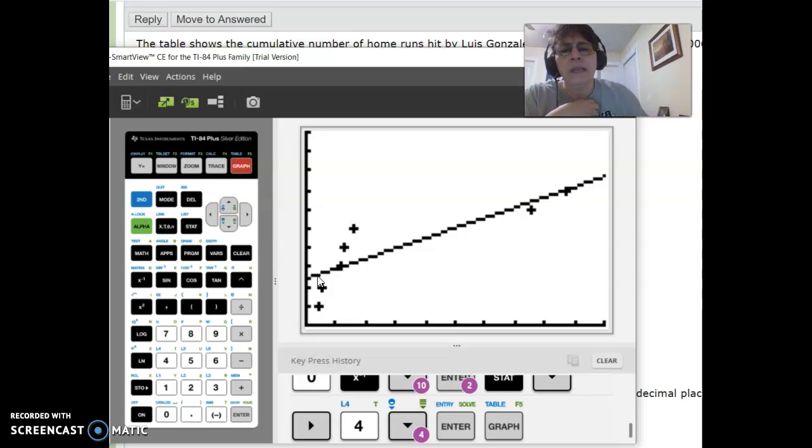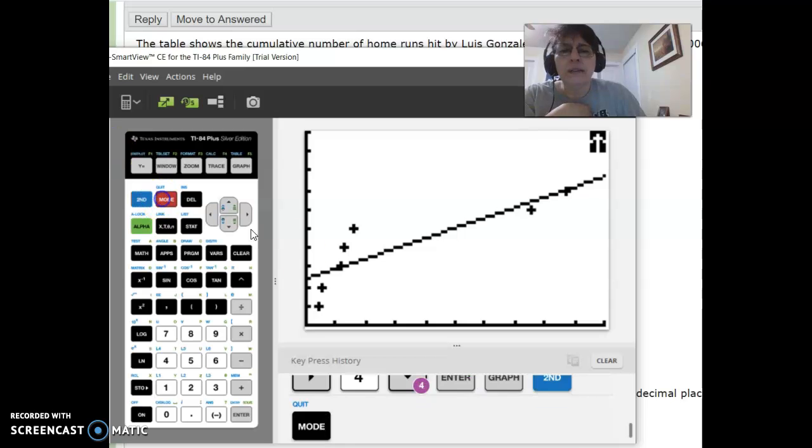This distance is a negative distance. This is a positive distance. And so we square all the distances so that they are all positive, we add them together, and we see which line actually has the least amount of those squared distances apart, the variation.